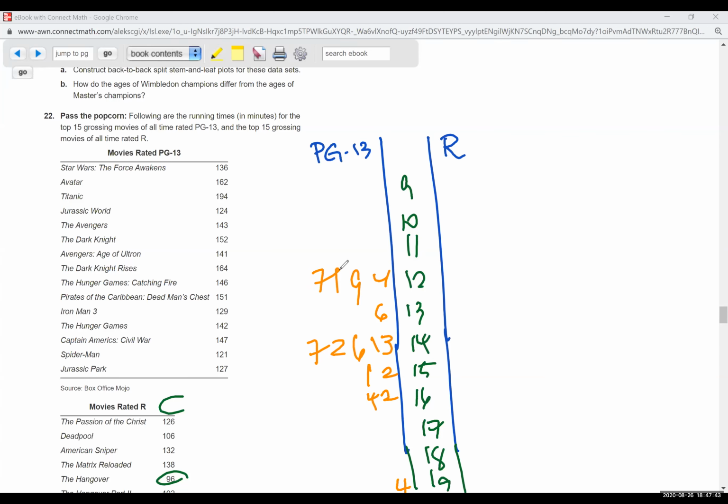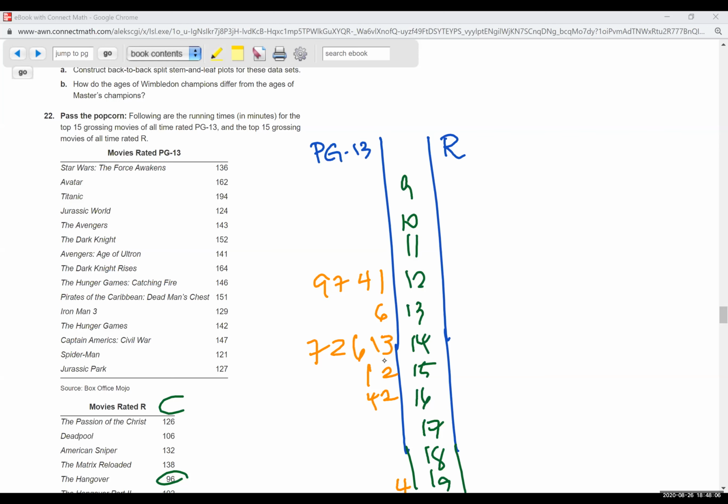Then remember, you need to arrange this in order. So 7194 should be 1479. You're going to erase it and write 1479.